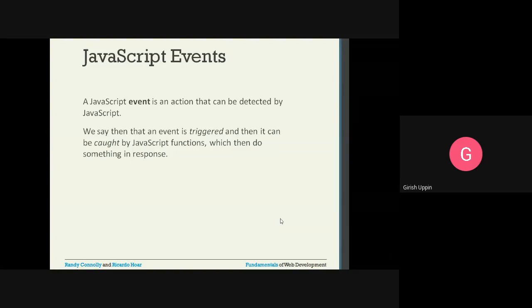We had that button; by clicking on it, we use the onclick event and execute a JavaScript function, and inside the function we change the content or the style, whichever we want. So JavaScript events, we will see in the next session.